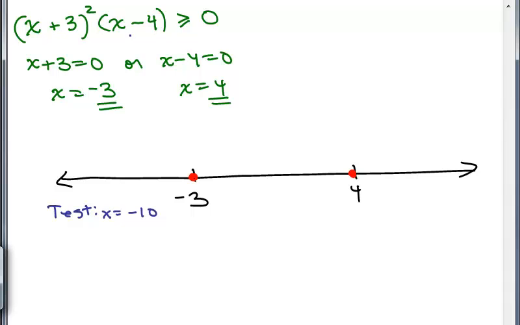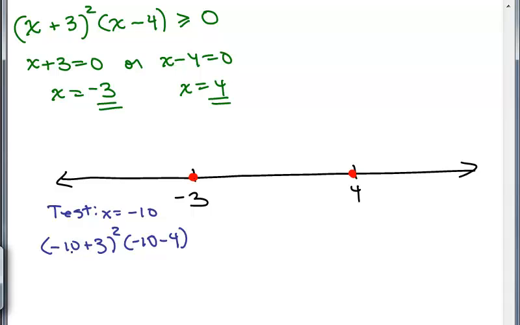Now I think it's easier to plug it in when it's factored. In this case, it is already factored anyway. So imagine if you put -10 in for x in the parentheses. So in the first parentheses, if you wanted to write it out, it's -10 plus 3 squared times -10 minus 4. Some people prefer to actually put those numbers in, but it really doesn't matter what number that is. You just have to determine whether what's in the parentheses is going to be positive or negative.